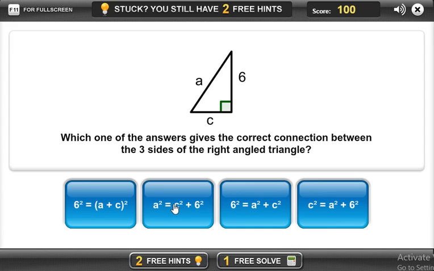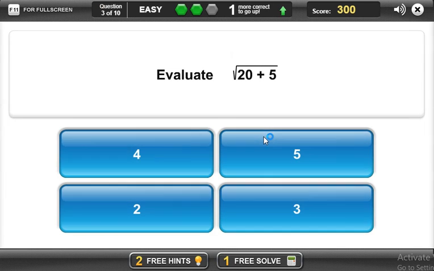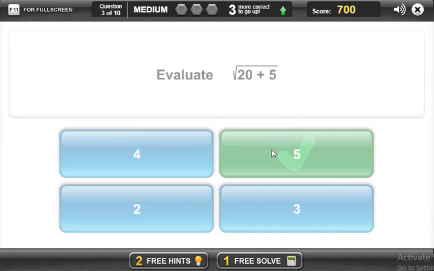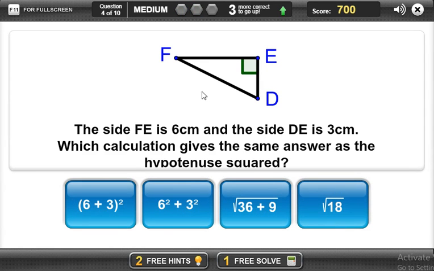Longest side squared is equal to adding the other two squares together. Right, so we have 20 plus 5 is 25, the square root of that is 5. Side FE is 6 centimeters. Side DE here is 3 centimeters.